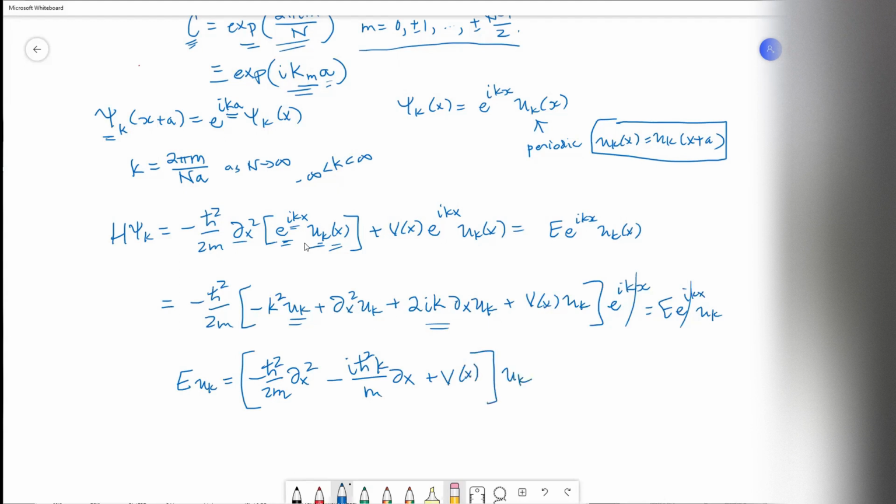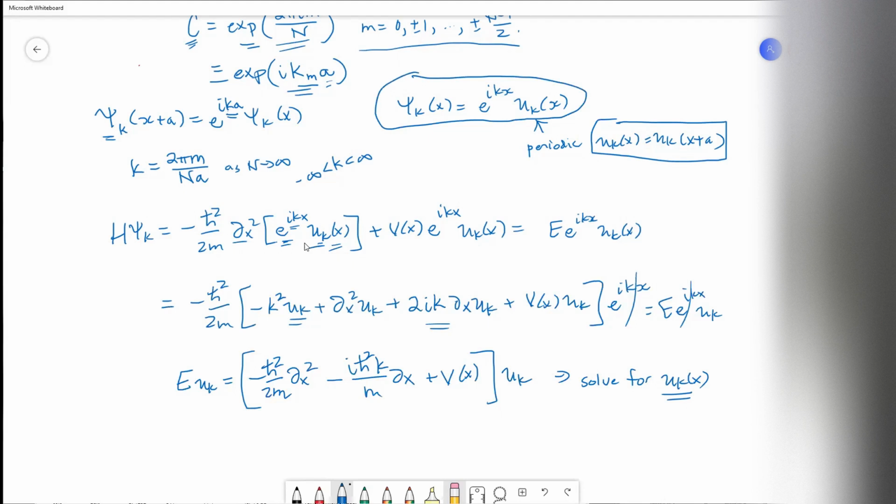So it's a second order equation for u. You can now solve this for u for a fixed k, and then the whole solution, all of the eigenstates of the system, because we know how the wave functions are related to these periodic solutions. So that's kind of how it goes.